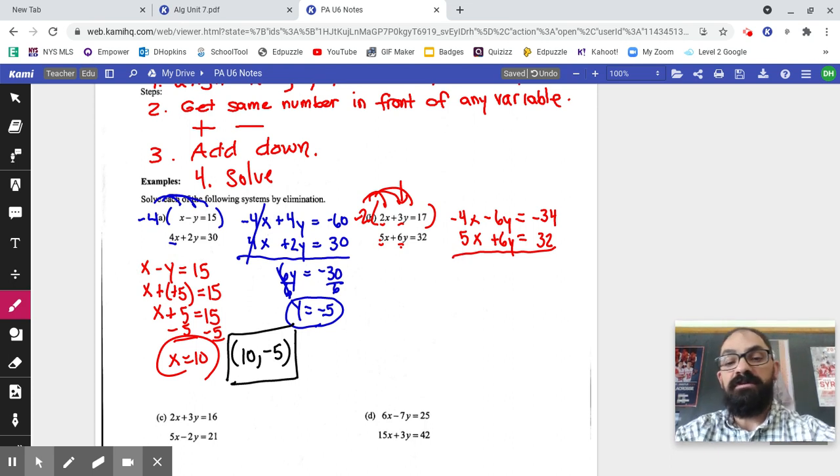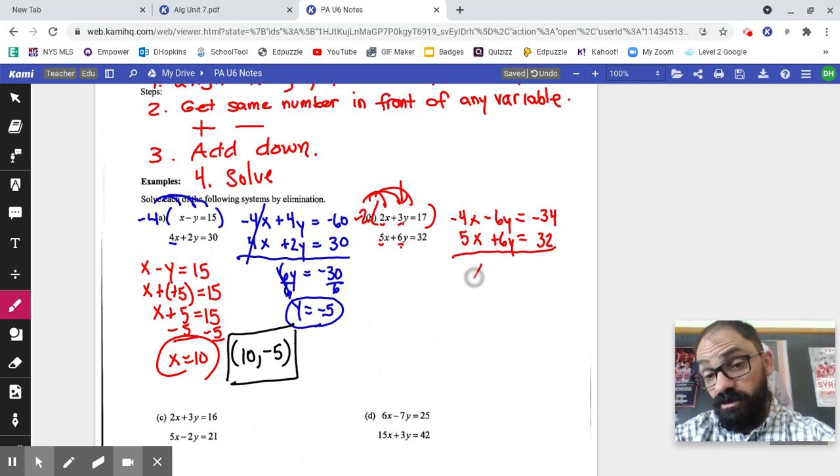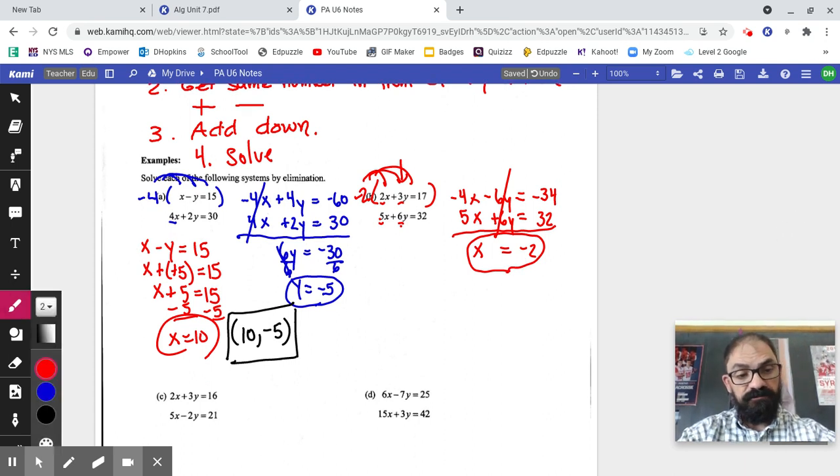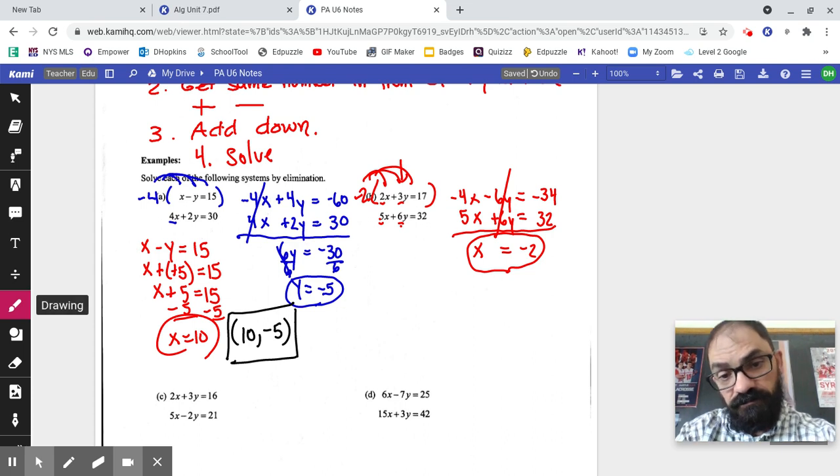If we add down, negative 4x plus 5x is just 1x, or just x. The y's cancel, and I'm left with negative 2. We'll plug that in to find y. I'll use the bottom equation here.